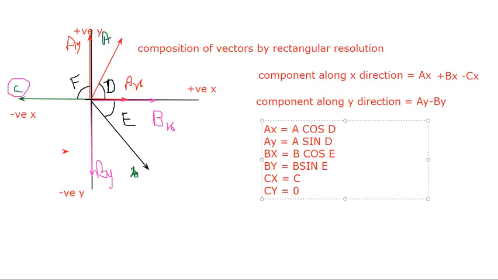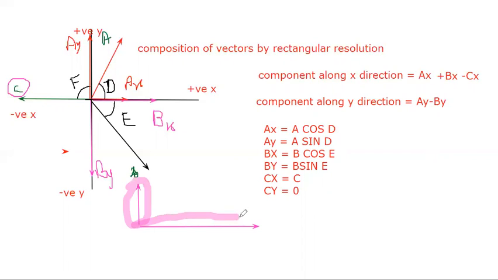So now you have all the values, and your diagram looks something like this. You have an X component and a Y component, so you can easily find the resultant.